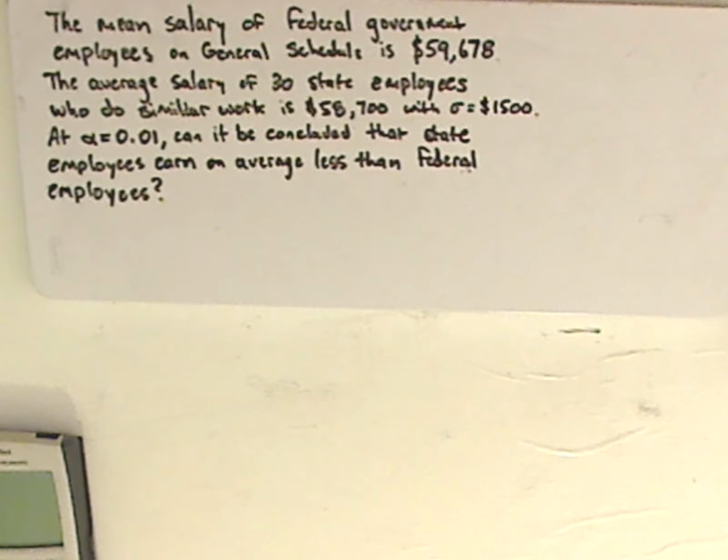At significance level of 0.01, can it be concluded that state employees earn on average less than federal employees? So pause the video and see if you can try to do this one on your own.